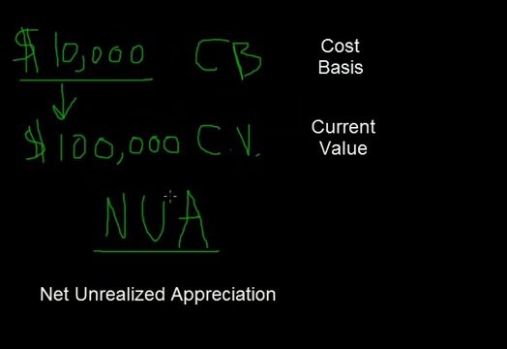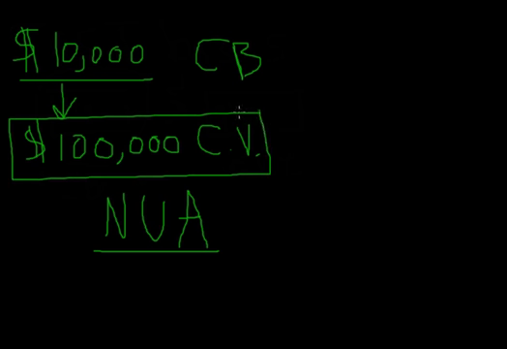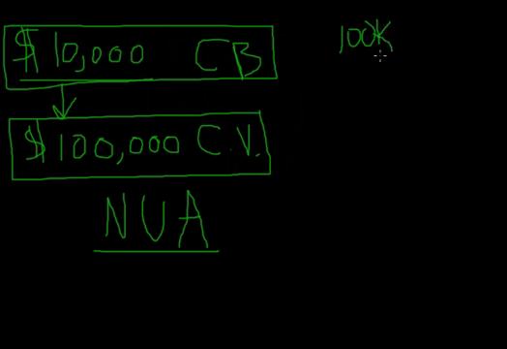Okay, so the NUA is your Net Unrealized Appreciation. And that is the difference in the current value and your cost basis. So doing some simple little math here, we would just do 100,000 minus 10,000. And we would get 90,000. Now that is your NUA.